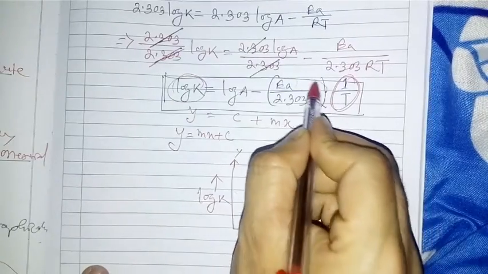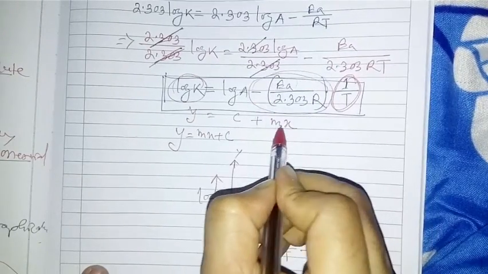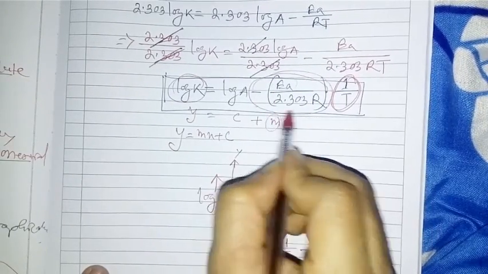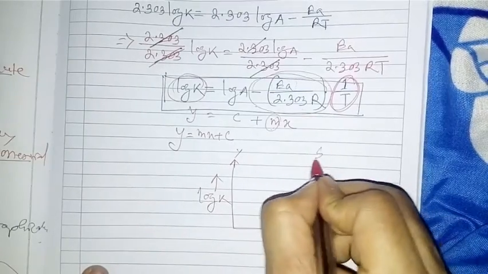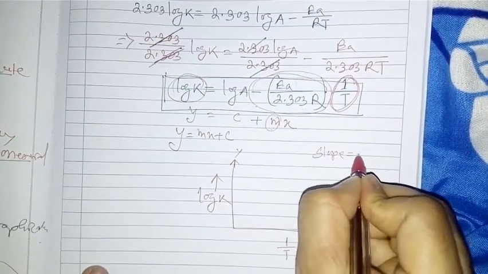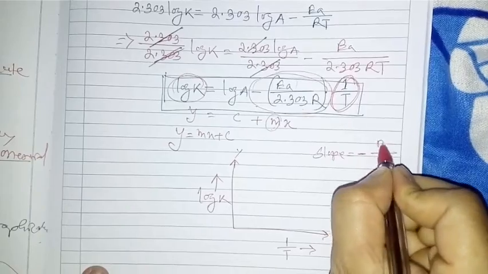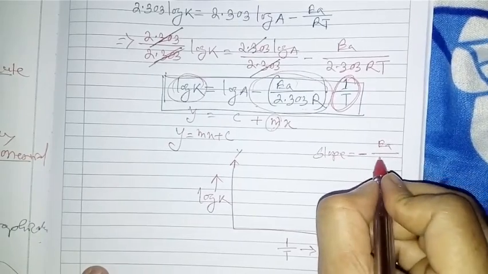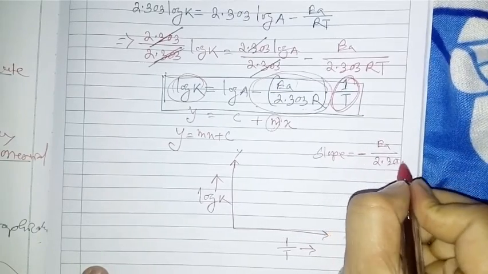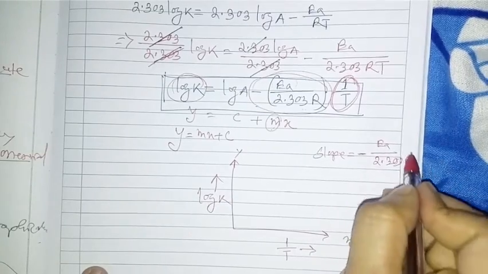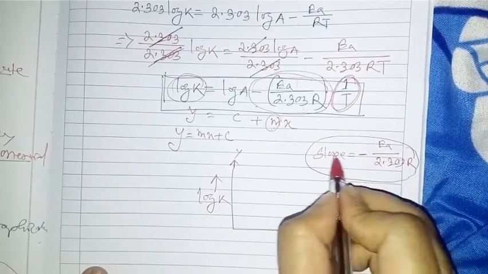And this is the slope, m equal to slope. Slope equal to minus Ea divided by 2.303 R, a negative slope.